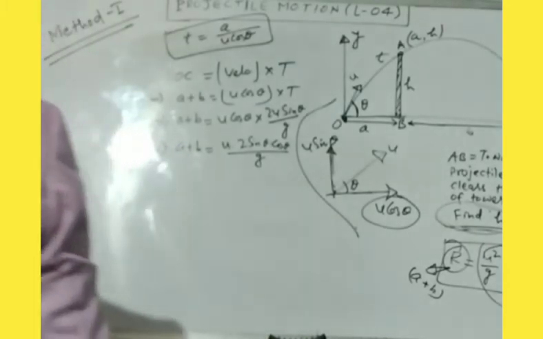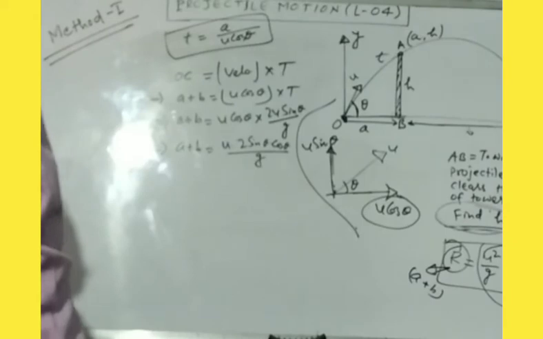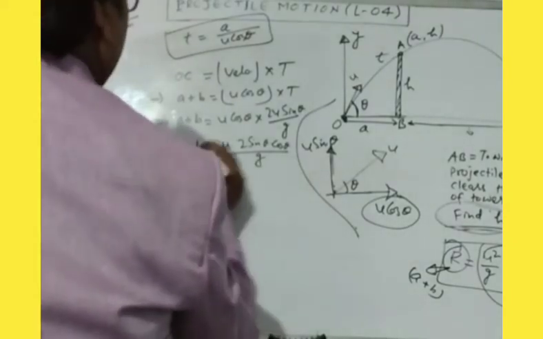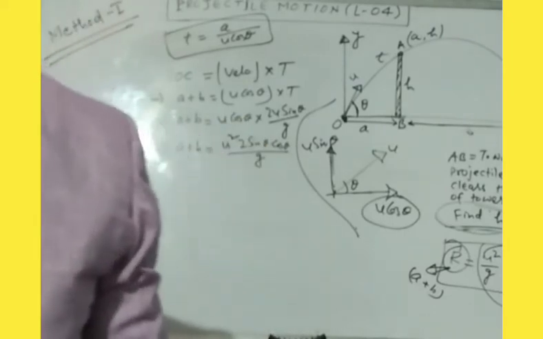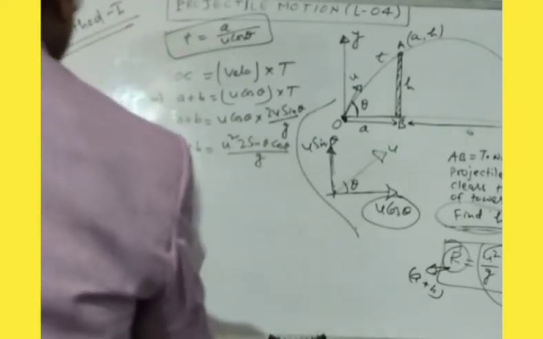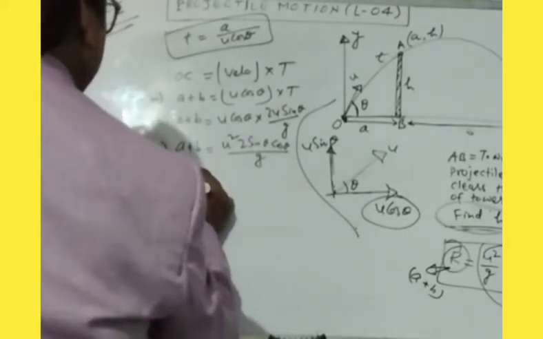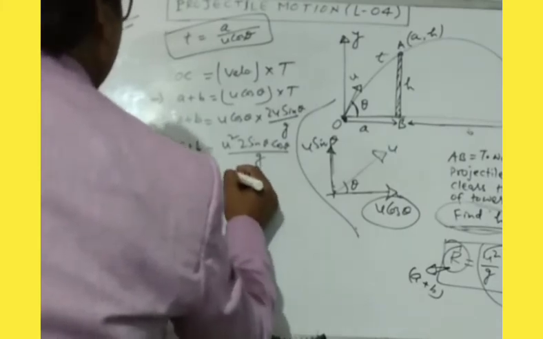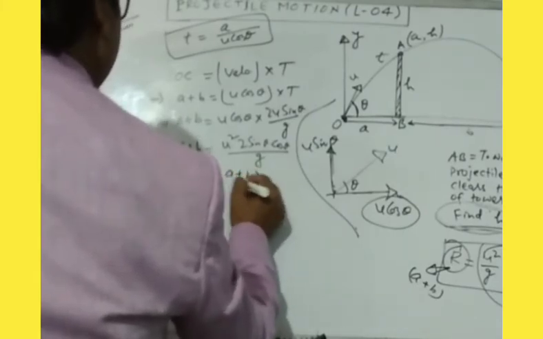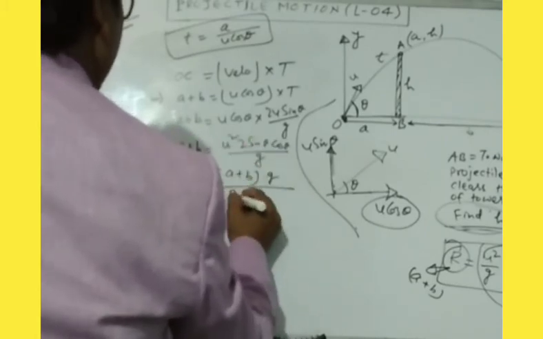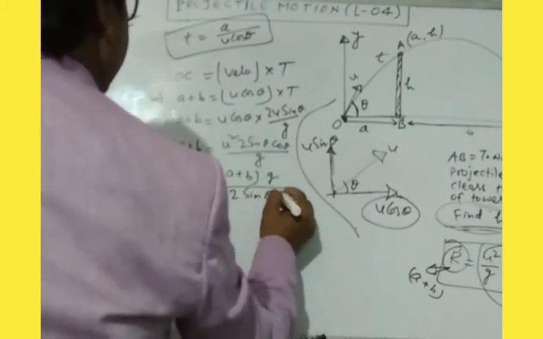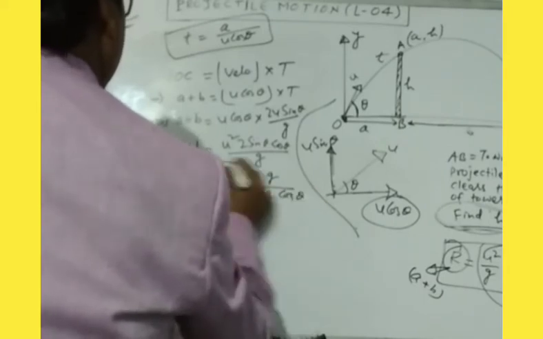Okay dear, sin theta into cos theta upon g. So this is basically u square. So u square equal to this one, and ultimately you can write u square equal to a plus b into g upon 2 into sin theta into cos theta.